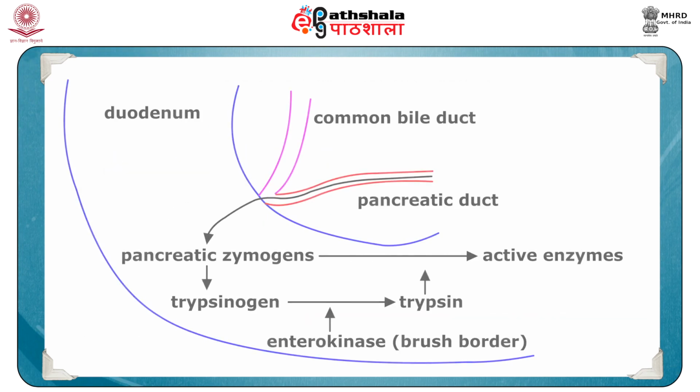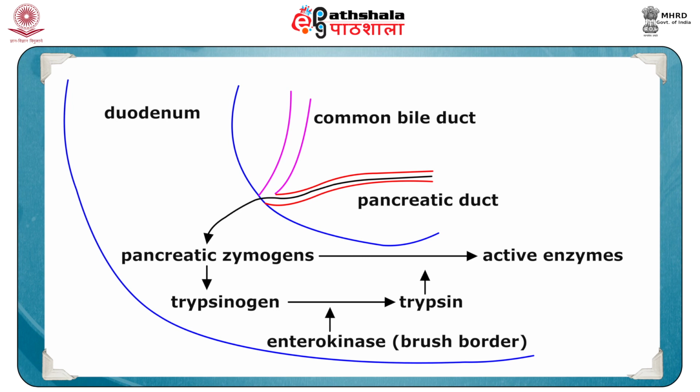In the duodenum, which is part of the small intestine, the pancreatic zymogens which pour into the duodenum are acted upon by an enzyme known as enterokinase. Enterokinase acts upon the zymogen form of the very active proteolytic enzyme trypsinogen and converts it into trypsin.